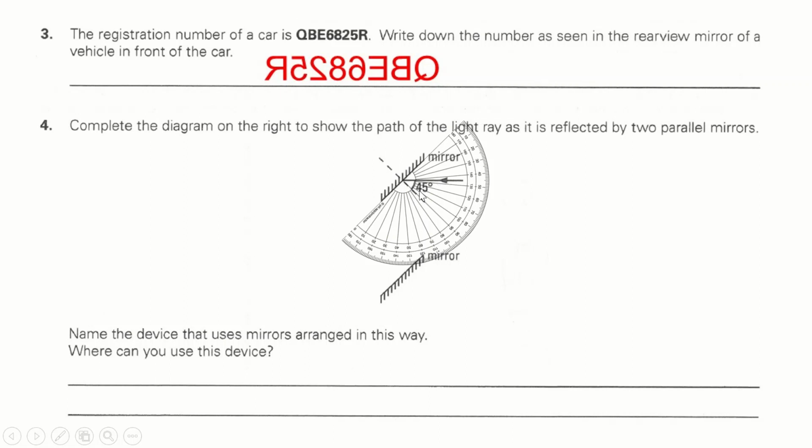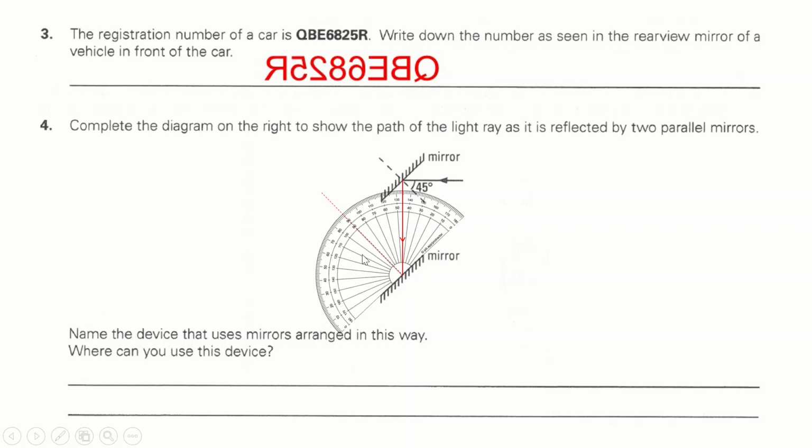So if this is an angle of incidence of 45 degrees, what you do is just draw the angle of reflection to be, that's right, 45 degrees also. Okay, then just remove the protractor and draw a normal on the other mirror, and put the protractor back again. The angle of incidence is 45, you notice here, so the angle of reflection will also be 45 degrees.